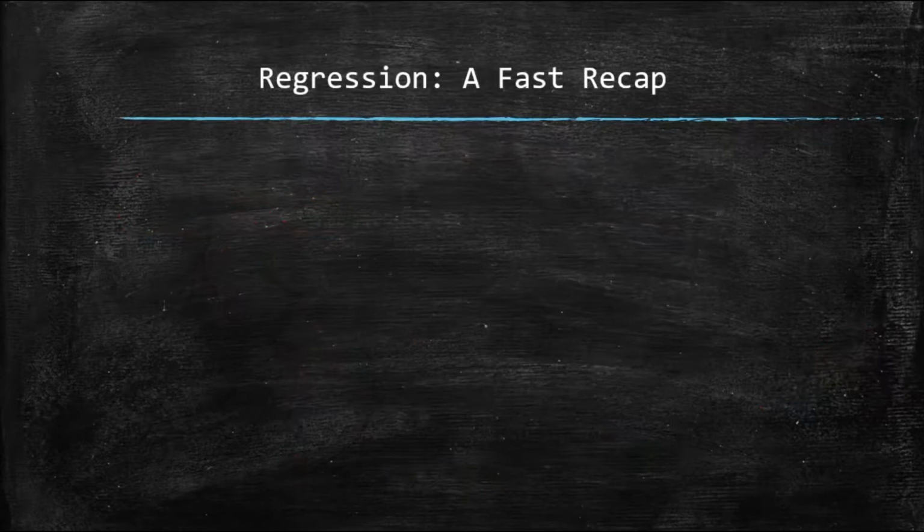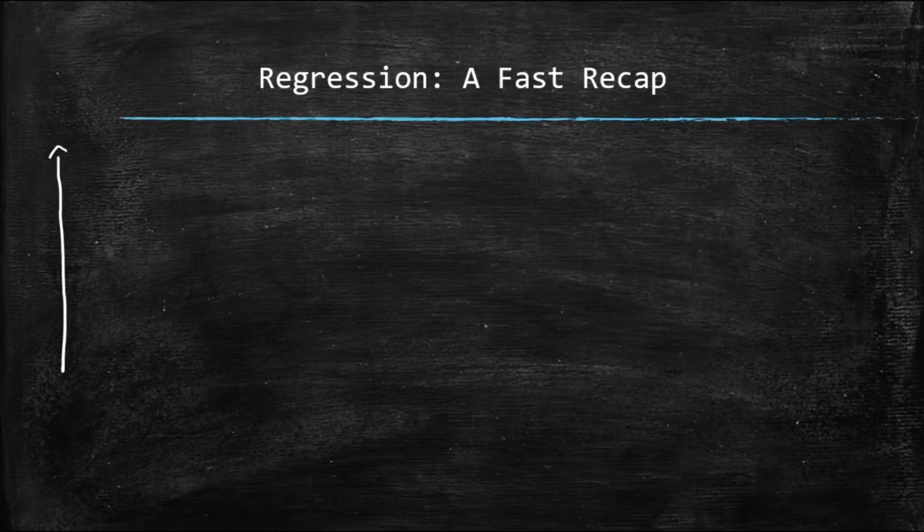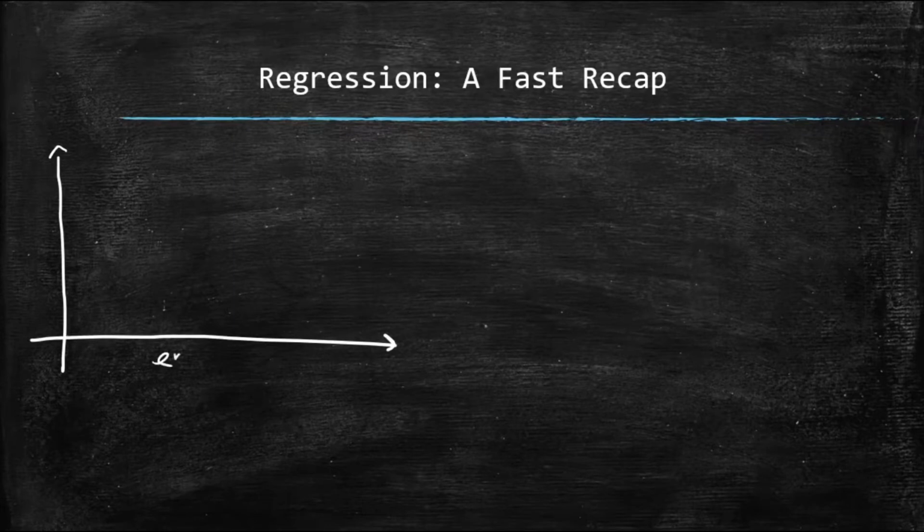Right, so the second thing that I want to have a fast recap on is the regression problem on its own. So imagine that I have a simple regression problem where we have two axes, right? Let's say one axis refers to the engine capacity of a car, and the other one is the price, right?